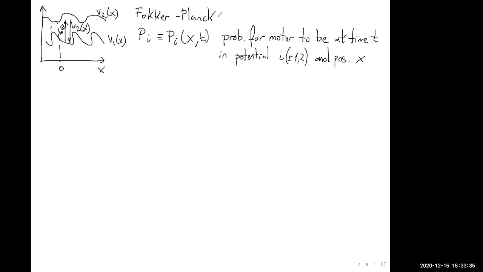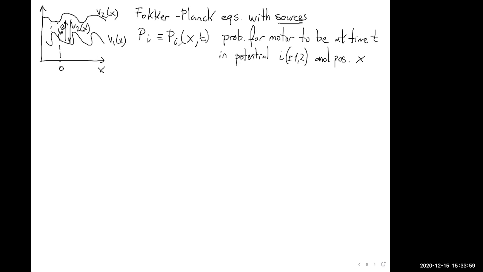So we will have Fokker-Planck equations with sources and sinks. There will be sources and sinks, which will be these transitions. If I have only one potential, there won't be sources and sinks. There won't be probability sources anyway. It will be just a typical Fokker-Planck. Now we have sources and sinks.